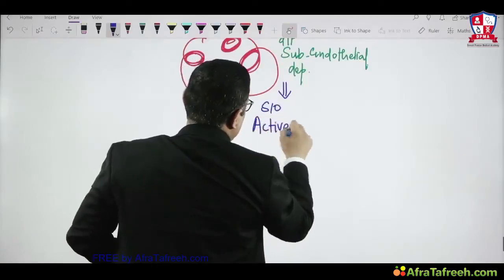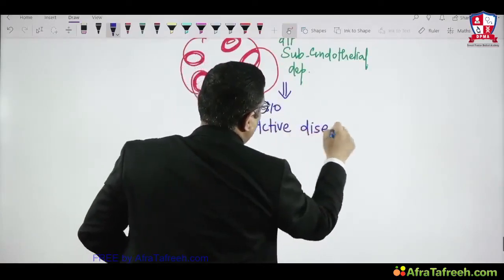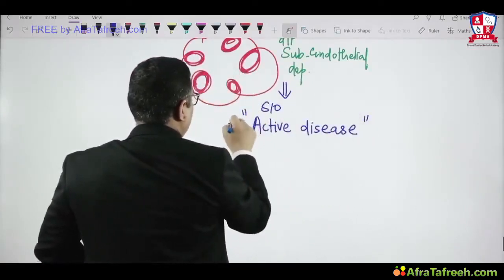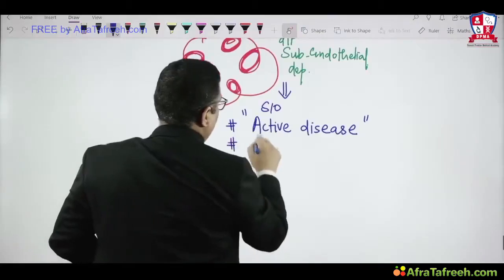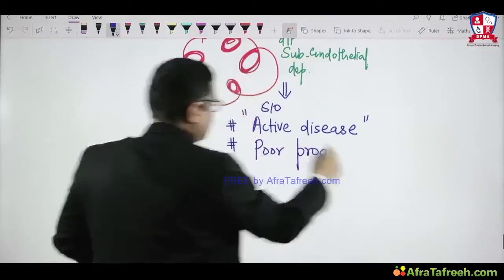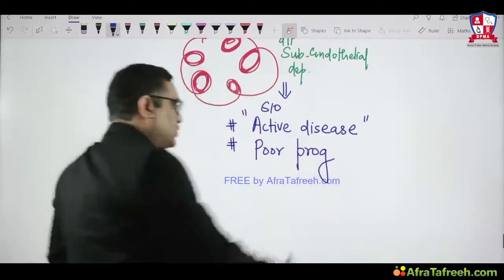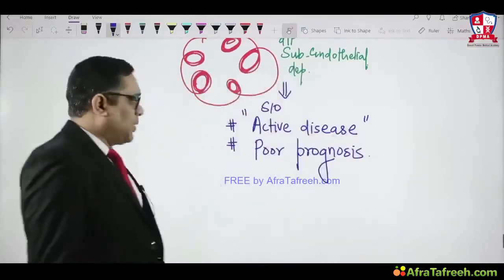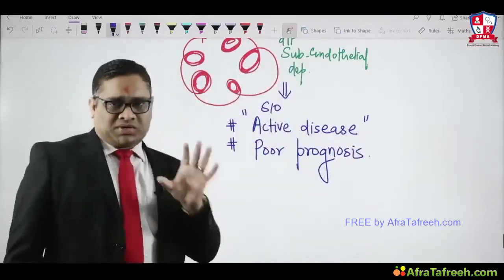So when your pathologist writes that wire loop lesions are seen in this SLE patient, it means number one, the disease is active, and number two, there is a poor prognosis. These are the two findings you keep in mind whenever you see a renal biopsy report of an SLE patient with wire loop lesion.